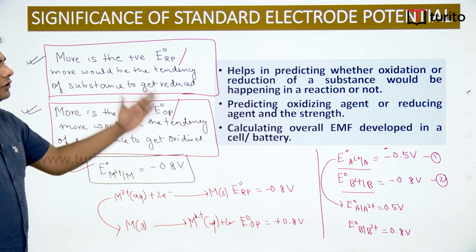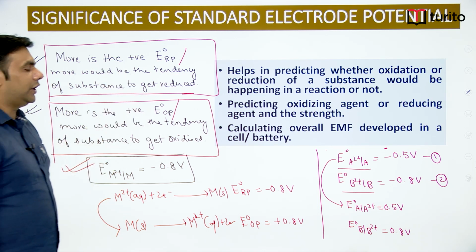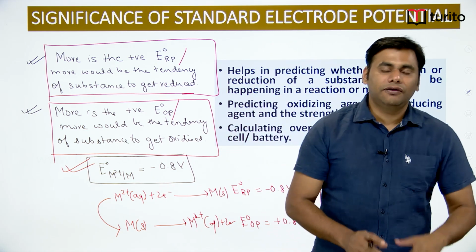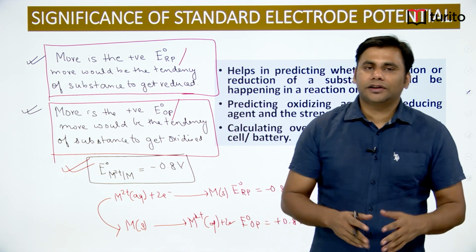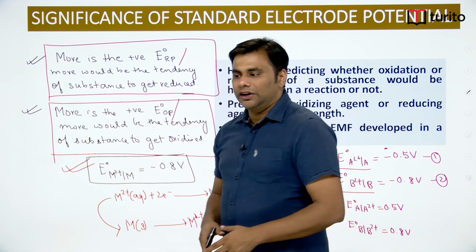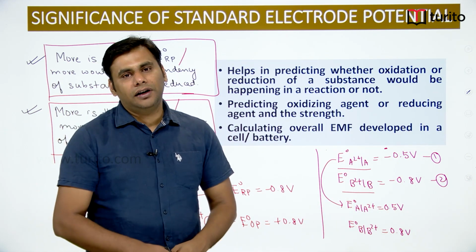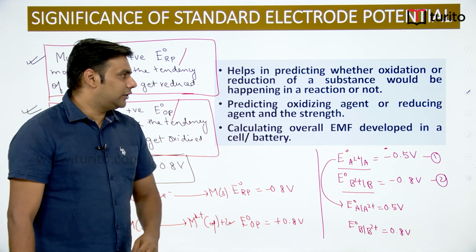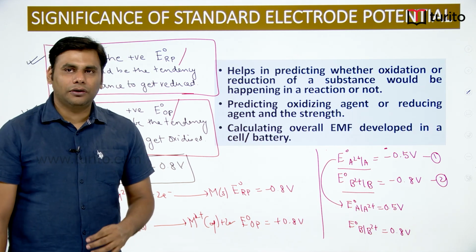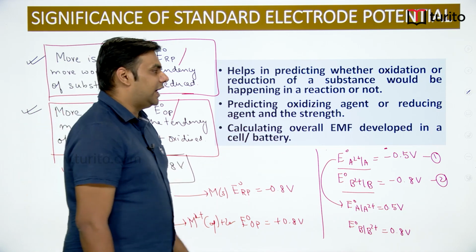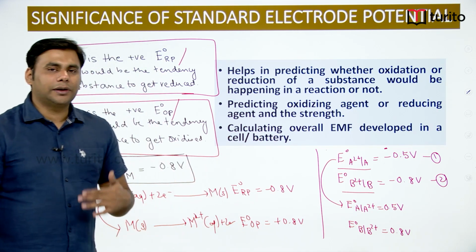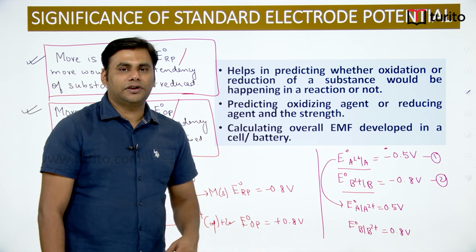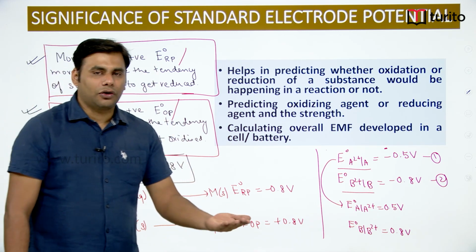So, the significance of standard electrode potential. Through the value of the standard electrode potential, we can easily predict whether a substance will undergo oxidation or reduction in a given reaction. We can also predict the oxidizing or reducing agent: the substance getting oxidized acts as a reducing agent, and the substance getting reduced acts as an oxidizing agent.